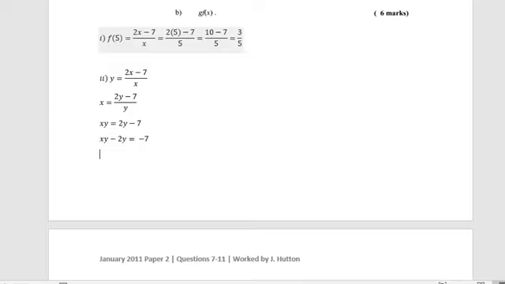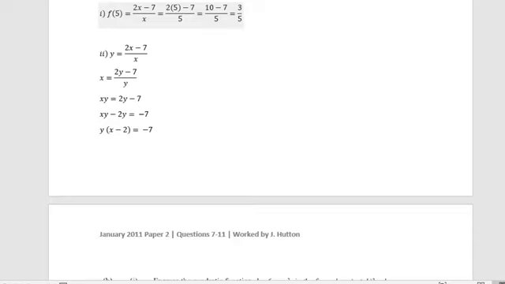Now we can factorize this side of the equation. What is common is y. So y times (x minus 2) is equal to negative 7. Making y the subject of the formula, y is equal to negative 7 divided by x minus 2, and that is our answer.